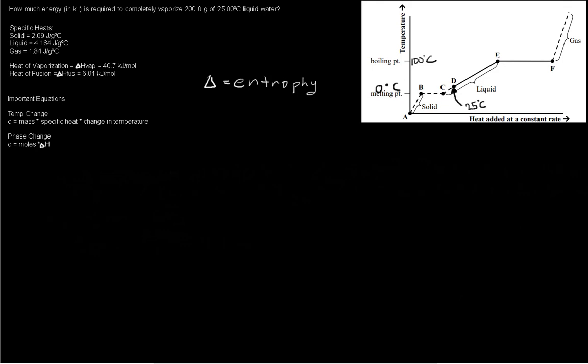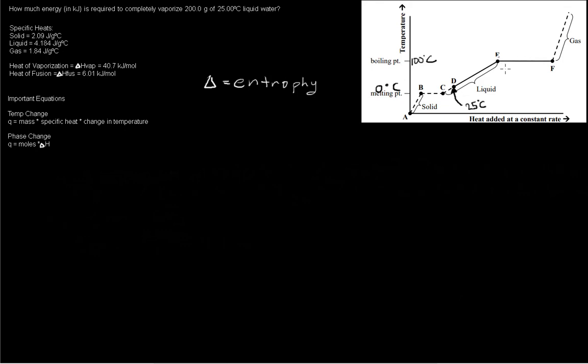Now the problem asks us the energy required to completely vaporize it. So vaporization occurs at point F, where the liquid becomes a gas. So we end at point F. So we're going from point D to point E to point F. Point D to point E is a temperature change, and point E to F is a phase change.